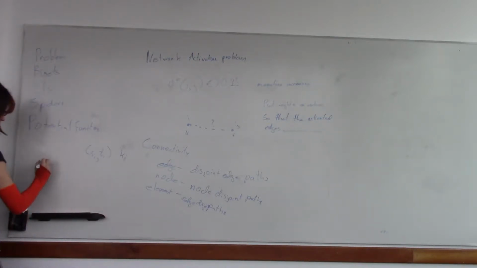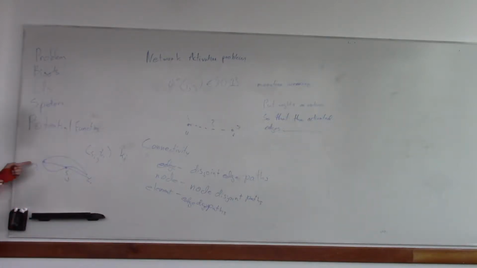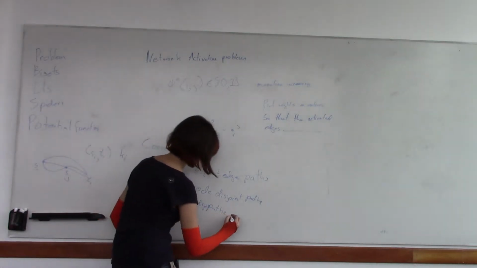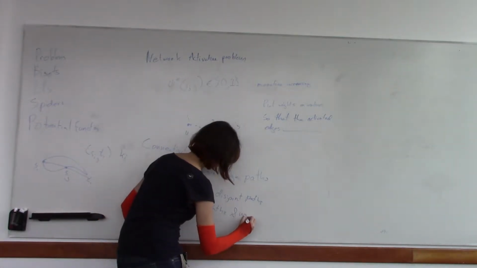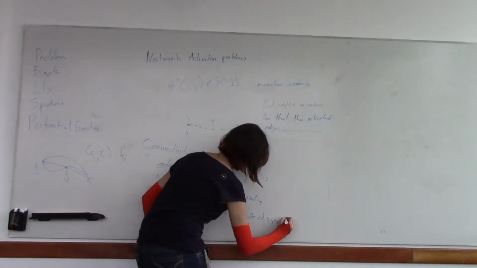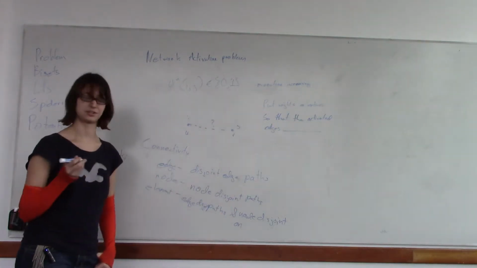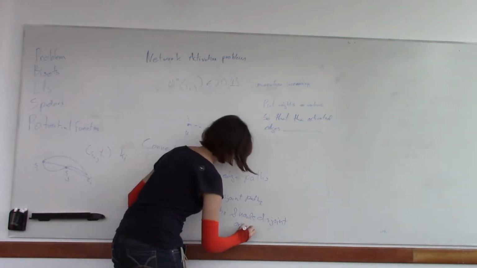So if this was an sj, this would be okay. So it's like Steiner node disjoint. Yes, Steiner node disjoint would be a good way to think of it.